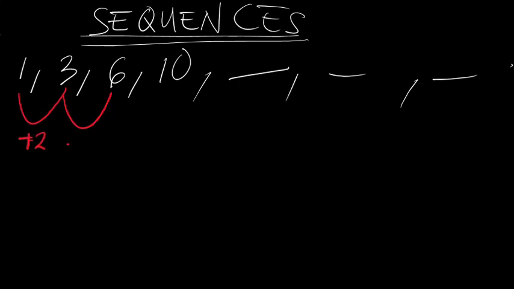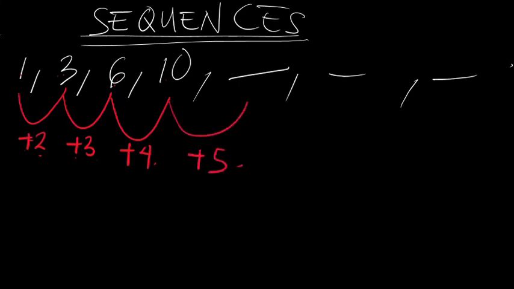From this other one you add plus 3, you have 6. So 1 plus 2 is 3, 3 plus 3 is 6. Then the next one should be plus 4. So 6 plus 4 will be 10. Then the next one will be plus 5. So 10 plus 5 will give us 15. The next one should be plus 6. So 15 plus 6 is 21. So this is a pattern.